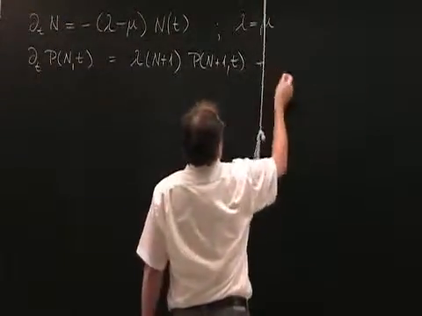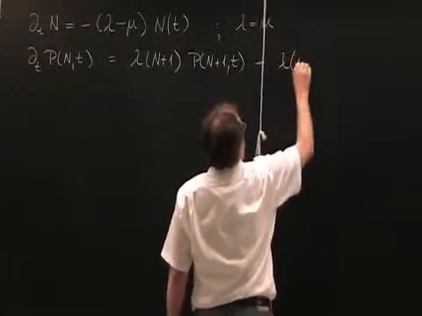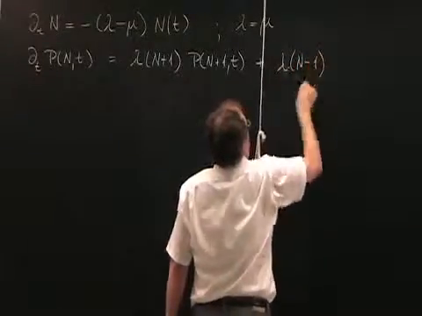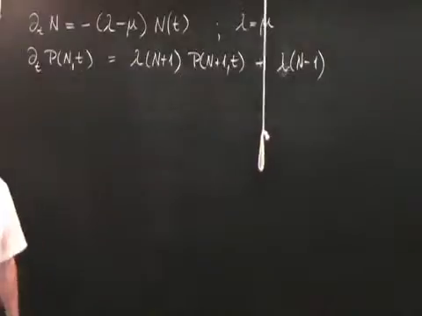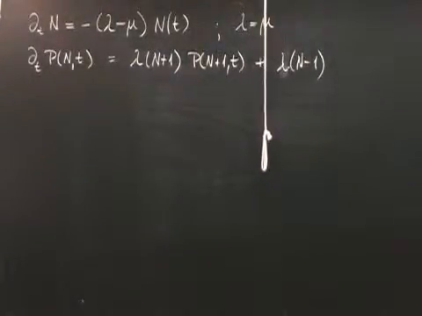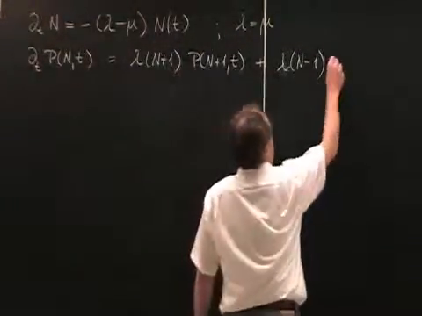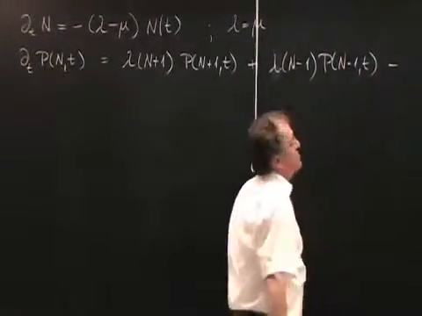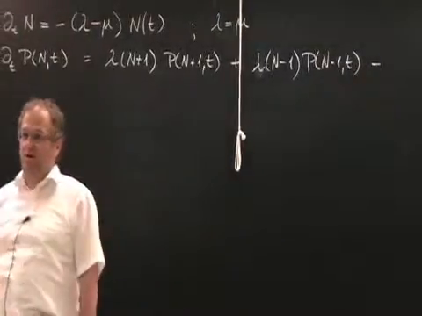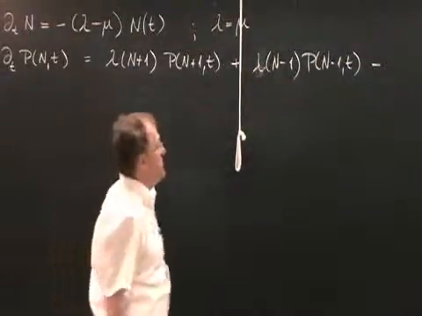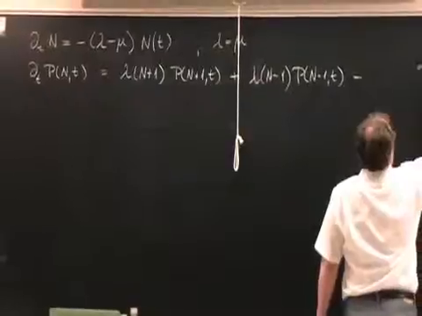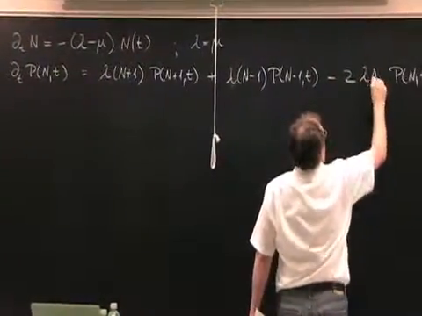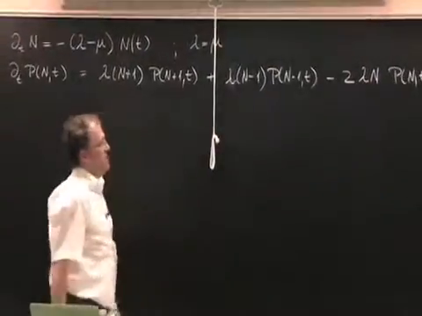You also get a gain from states with one particle less, now by a birth event with the same rate lambda, times the probability p of n minus 1 and t, and you lose in both directions. You can lose to n plus 1 or n minus 1 if you are in state n. So since you're losing in both directions, you have a factor of 2 times lambda times n.